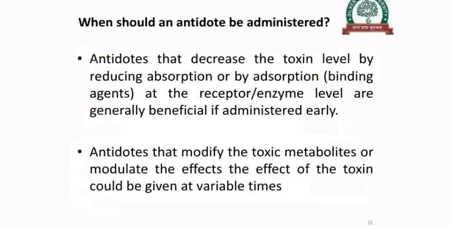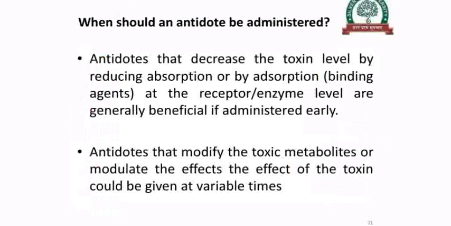Now, when should an antidote be administered? It is a very important and thoughtful question, because most of the time the person who has consumed the poison may be isolated or in an unconscious state. So already there is a delay. By the time the person is carried to a poison treatment center or healthcare center, a lot of time has passed.